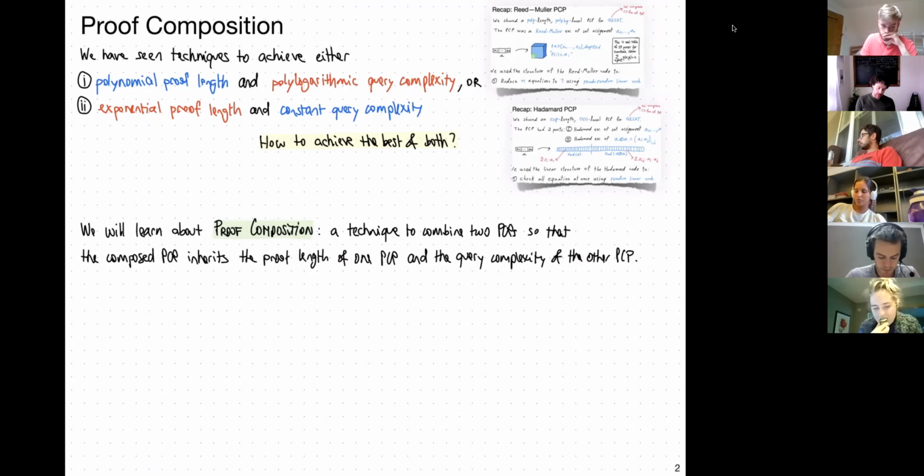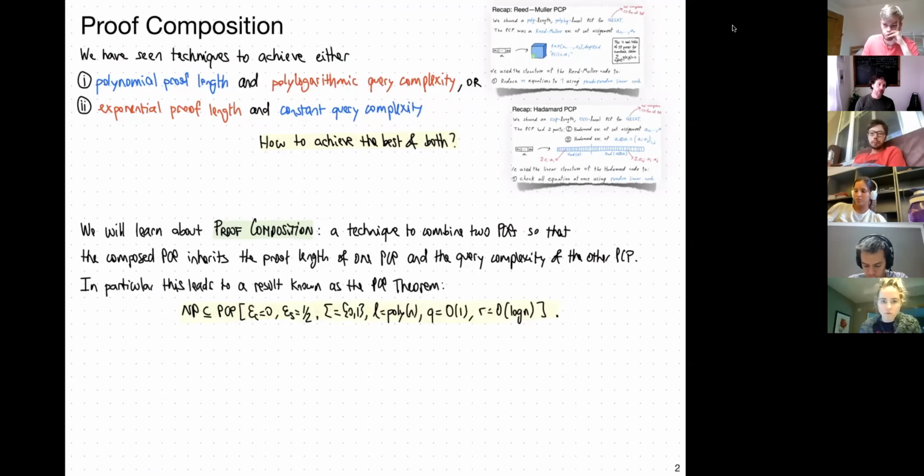So we'll want to take this Reed-Muller PCP and use it as the outer PCP, so we'll get a polynomial proof length, and we'll want to have Hadamard as the inner PCP, so we'll get constant query complexity. Of course, it's more subtle than that, and we'll get to that soon, but that's the high-level idea.